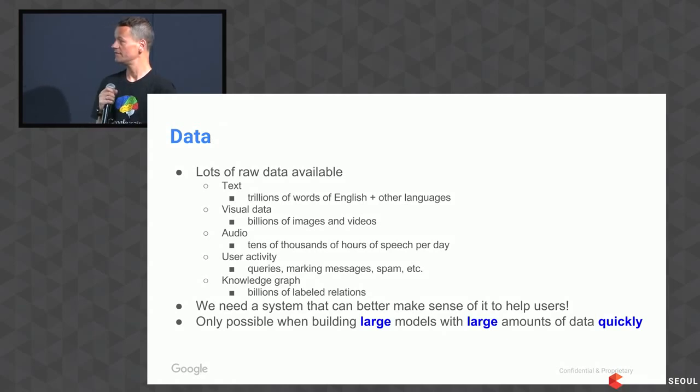Visual data, we have billions of images and videos. I think for YouTube right now, more than 60,000 videos are uploaded every day. So, can you imagine how much data that is? In audio, we have tens of thousands of hours of speech per day that comes in, and actually, I don't think all of it can be stored because it's just so much data.